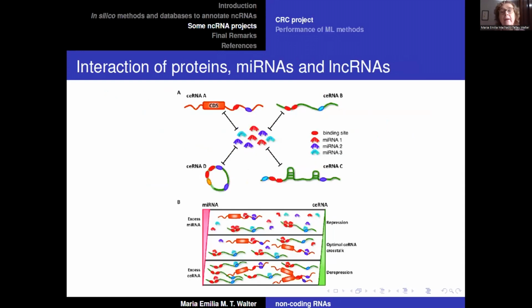So we tried to investigate some small networks called ceRNAs, competing endogenous RNAs, that express interactions of proteins, microRNAs, and long non-coding RNAs. This figure shows a bit about this interaction. I don't have time to go into details here.